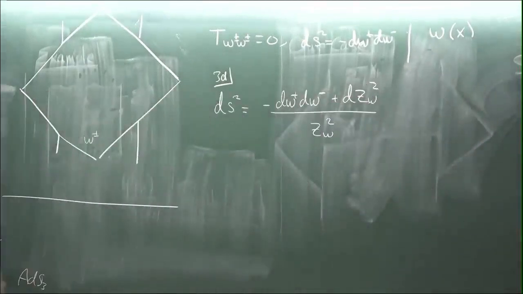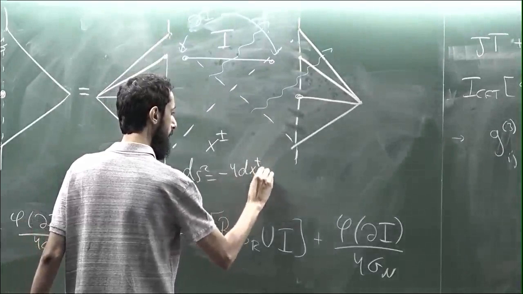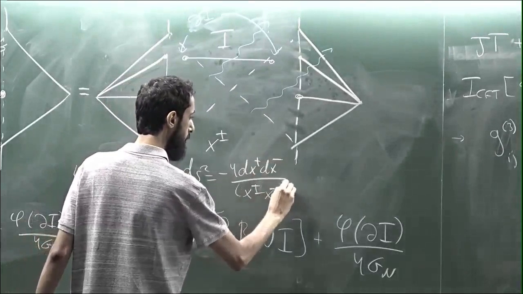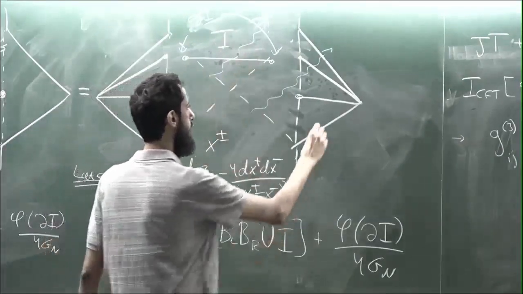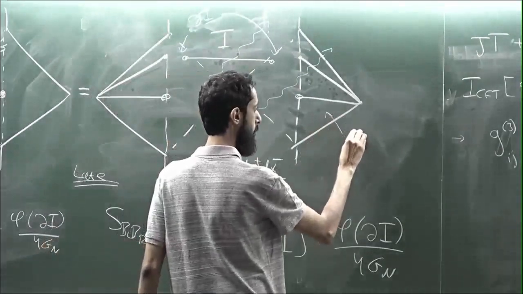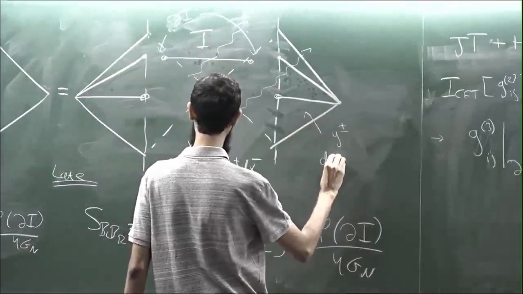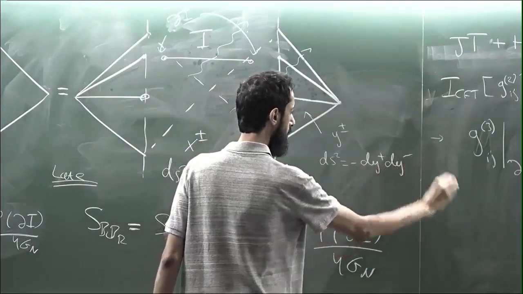I should say here I have x plus minus with the metric ds squared equals minus 4 dx plus dx minus over (x plus minus x minus) squared. So that's what I have here. And here I have a coordinate I call y plus minus, and it's the flat metric minus dy plus dy minus.